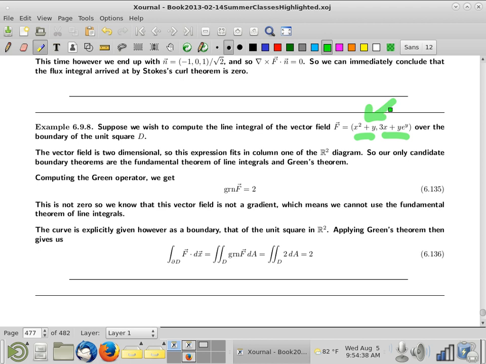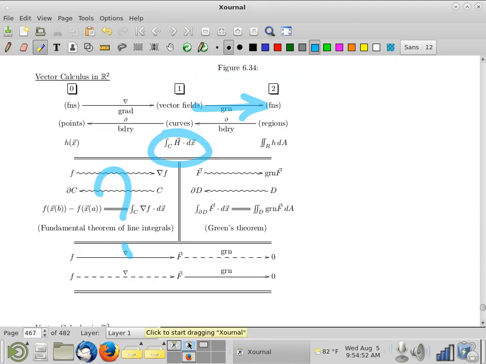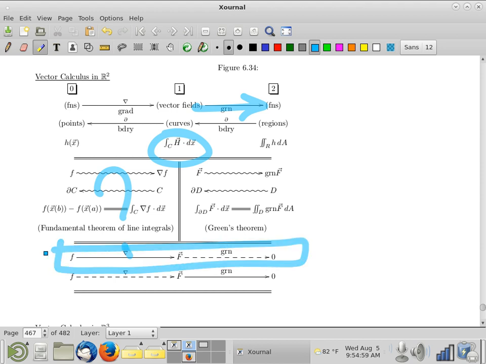The difference is not 0. Green's operator is not 0, therefore this can't be a gradient of anything. So don't even think about using the fundamental theorem of line integrals, because of this lifetime theorem. If it were a gradient, Green's operator would have to be 0, which it wasn't.